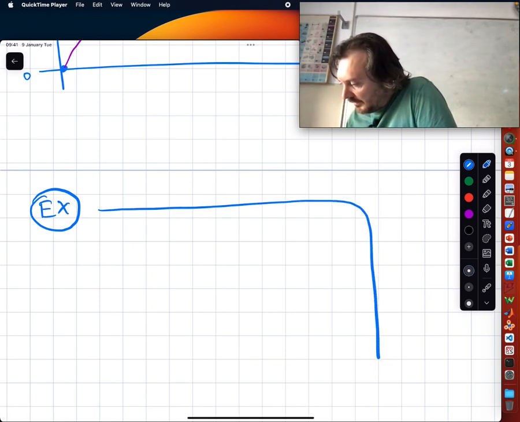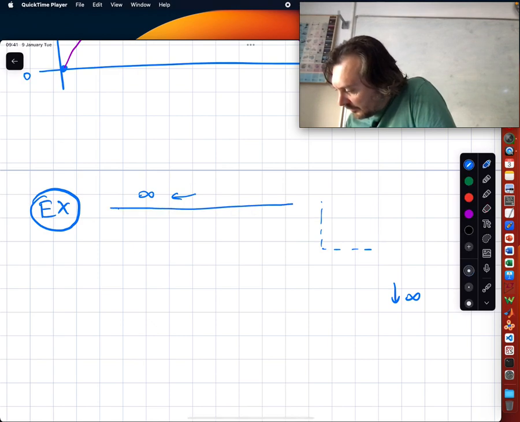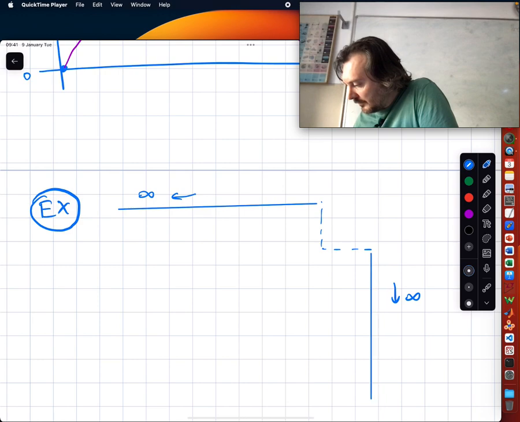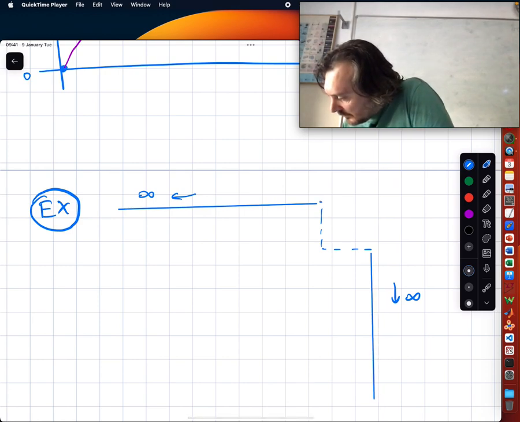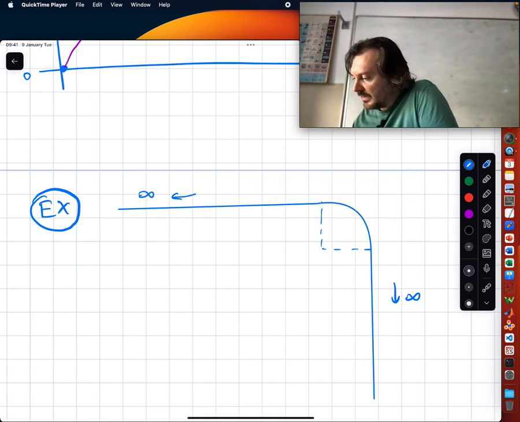So basically, it's semi-infinite in this direction, goes to infinity. In this direction, goes to infinity. Over here, let me actually draw it like this. Over here, it has a curve. And the radius of that curve is r.